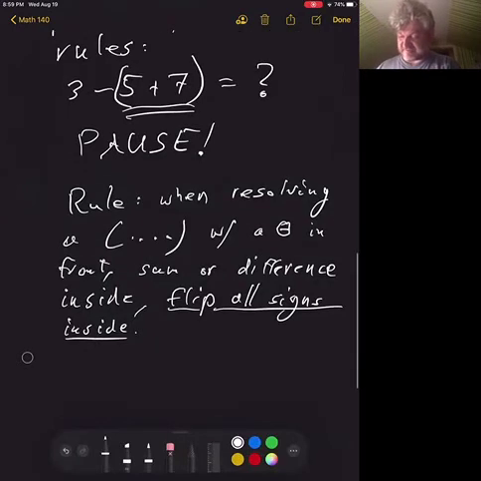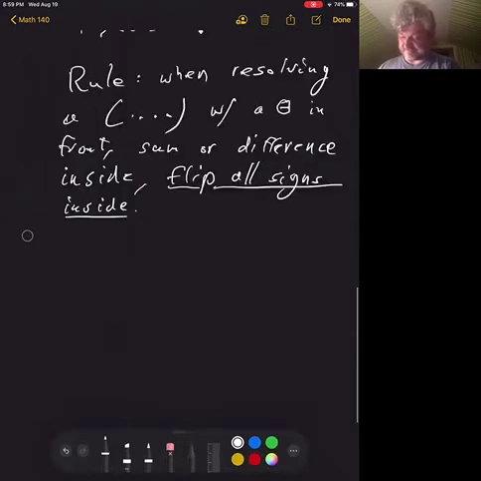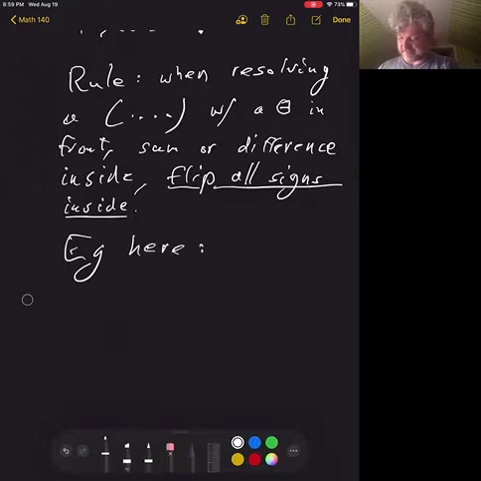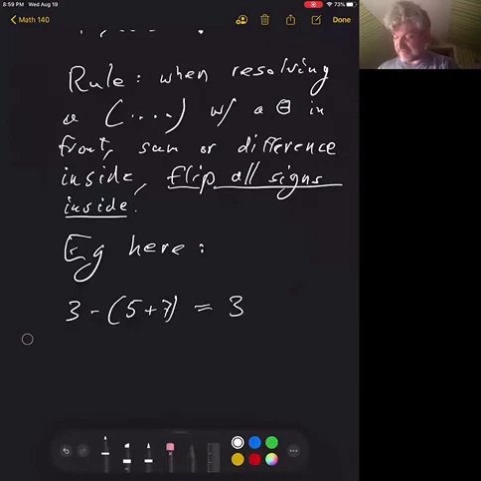Let's see what it does for this example. 3 minus (5 plus 7) is the same as 3 minus 5 minus 7. And now that is true.